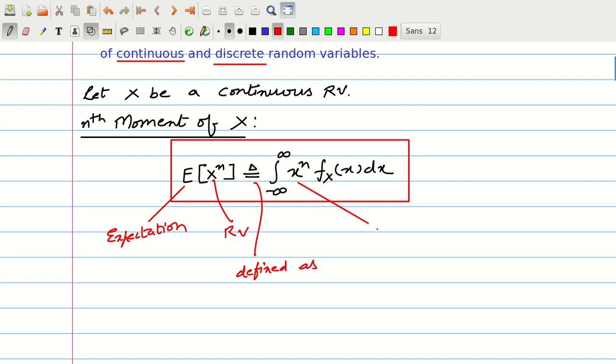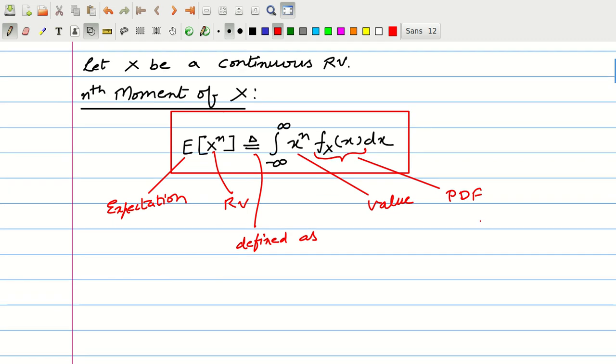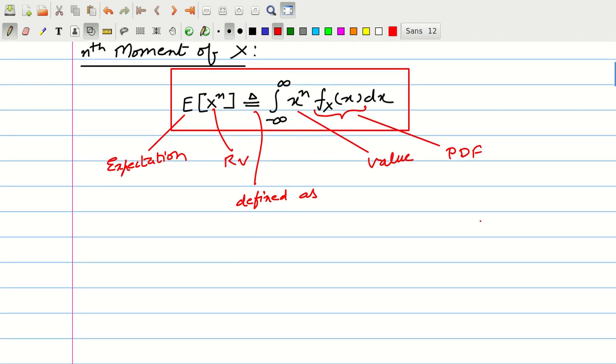Small x denotes the value that the random variable takes, and this f_X(x) denotes the PDF, the probability density function of random variable X.